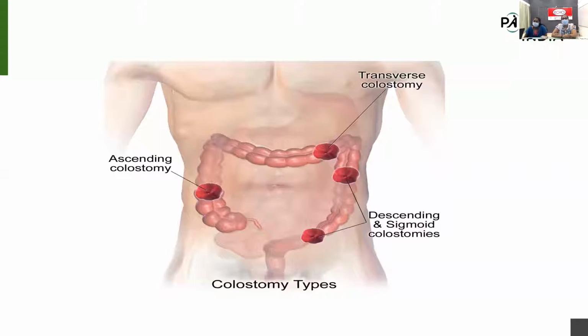Colostomies can be classified into many more types. On the basis of duration, it can be permanent or temporary. These are the main two types of classification of colostomy.